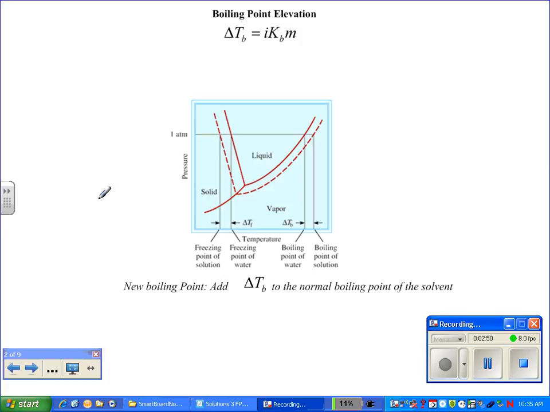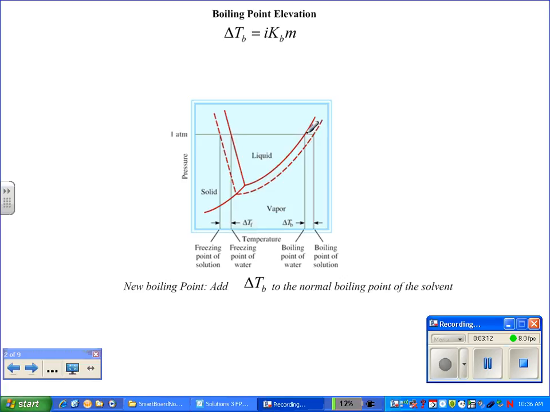When we look at a phase diagram, the solid line here is our normal phase diagram, and the dashed line is showing us the impact of a solution. So this dashed line represents the changes that occur because we've got a solution rather than a pure liquid.